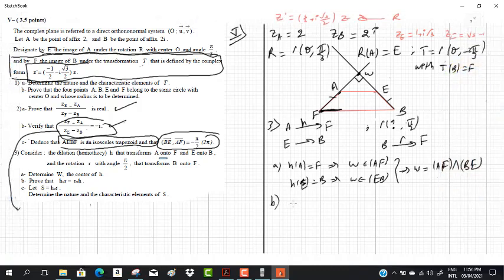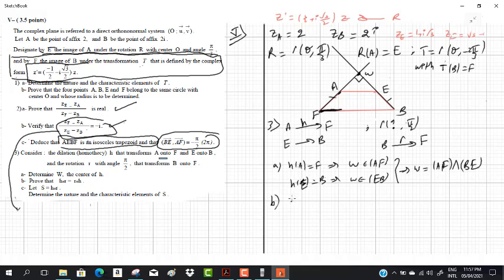H of E equal B, so the ratio equals BF over AE. Okay, but I proved that FB over AE.